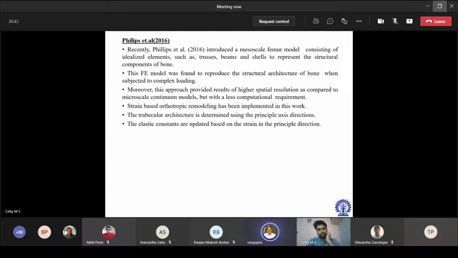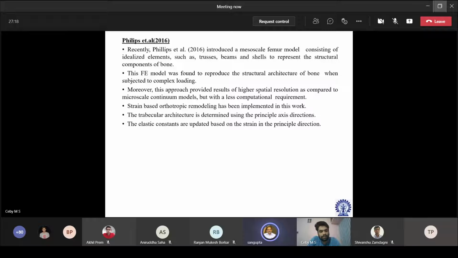The bone material property is getting upgraded to E1, E2, E3, and others through the remodeling process within its natural state. What I am trying to convey is that we are not interested in the implant here. They have only worked on the intact bone. There is no implant, and the implant is not causing the bone remodeling here.